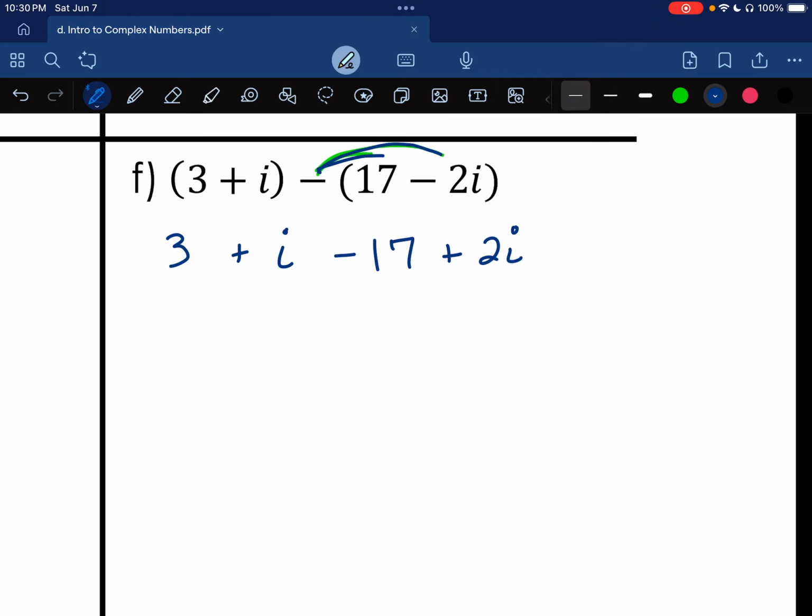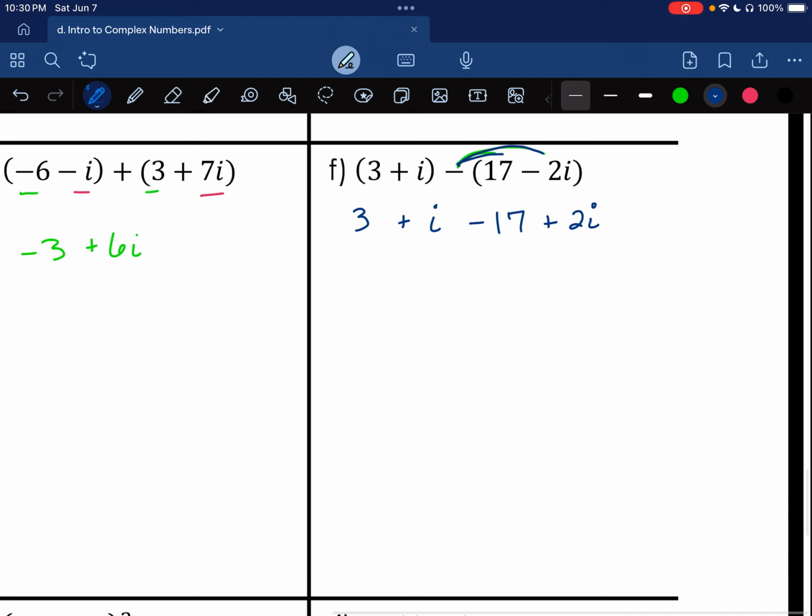Don't be fooled there. Make sure you distribute the negative when we're subtracting to both parts. So now we're going to have 3 minus 17 and i plus 2i. So we'll have 3 minus 17, this can be negative 14 plus 3i.